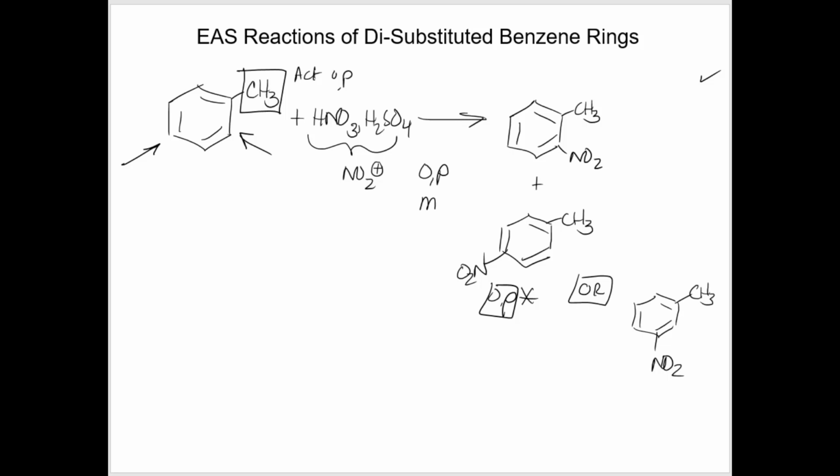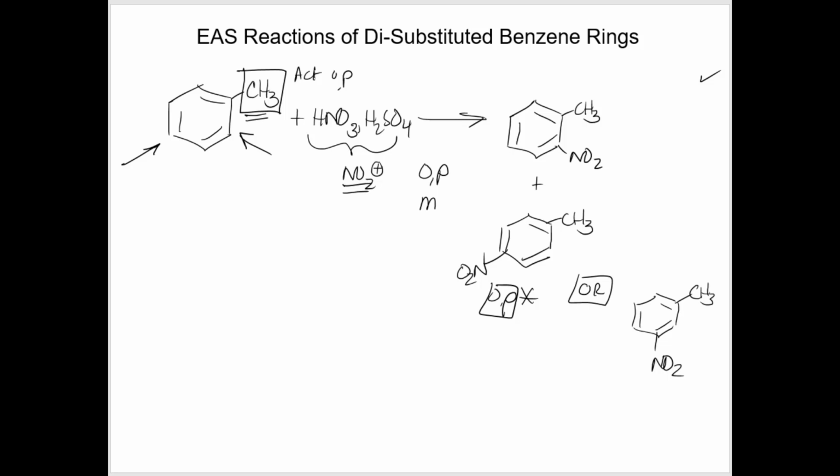Now, I give this problem first to clear up a misconception that sometimes people get. Why do they think that the nitro group added meta? Because they've confused the group that's being added with the group that's directing. The group on the ring always does the direction.